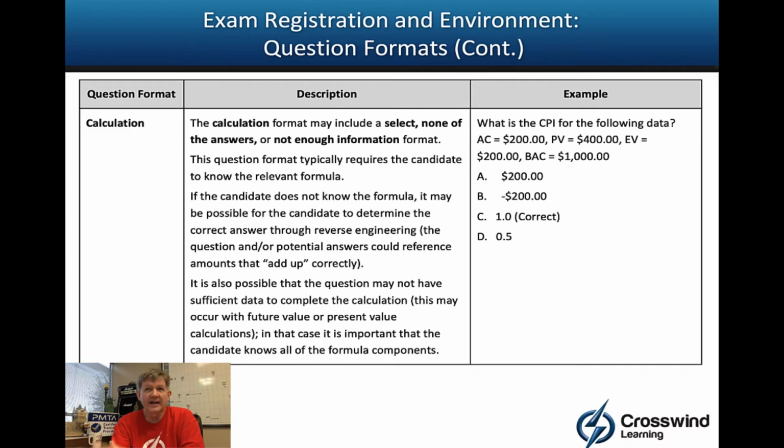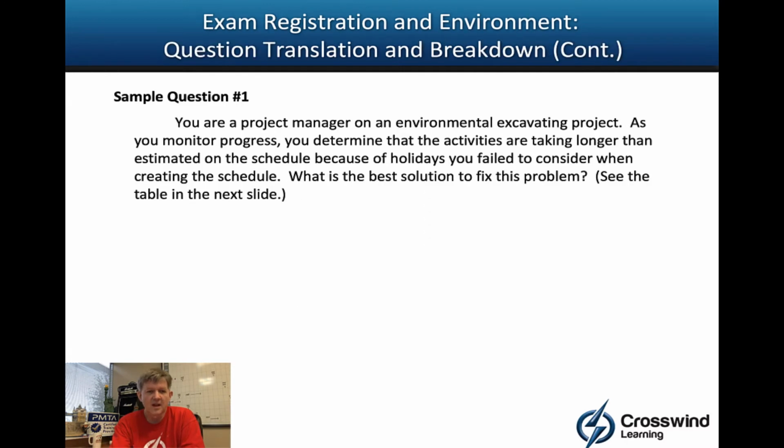Again, I expect your numbers to be relatively clean, where 400 divided by 500 is going to get you 0.8, and so that's the expectation. But worst case, if you're in the ballpark, you go with what's closest.